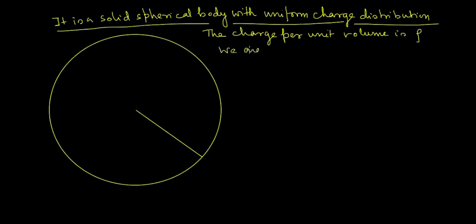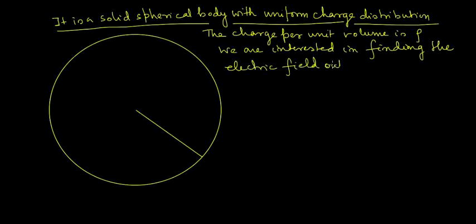So we are interested in finding the electric field outside and inside the sphere. Rho is the charge distribution, and this is the origin of coordinates.